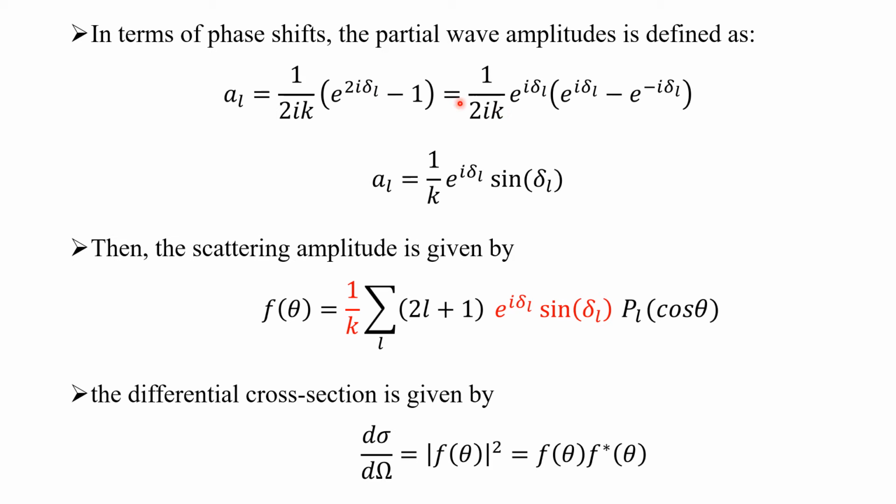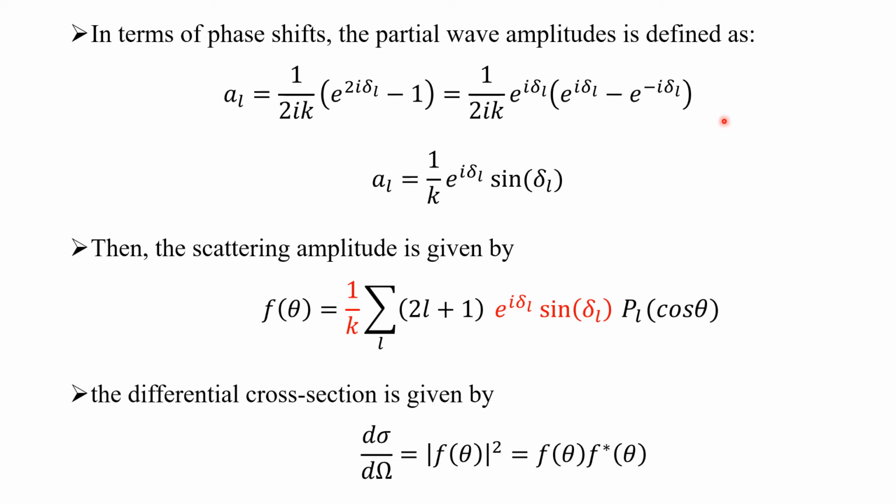This can be written as 1 over 2ik, e power i delta. This e power 2i delta I am separating out, that is e power i delta into e power i delta. Then naturally the second term will become e power minus i delta_l, so that if you multiply these two, it will become 1.